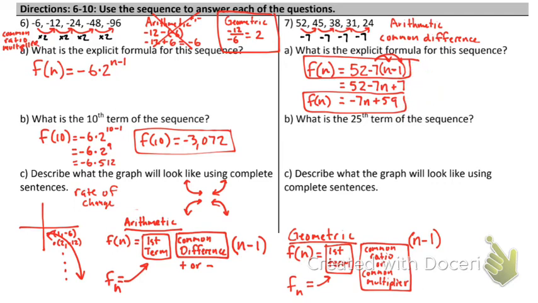Okay, this only works for arithmetic sequences. You cannot simplify a geometric one. All right, now let's go ahead and figure out the 25th term. That means I need to plug in 25 for n, and I'm going to use the clean version. So f of 25 equals -7 times 25 plus 59.